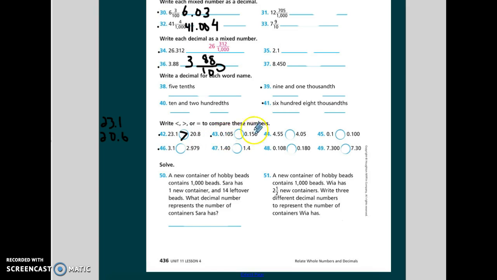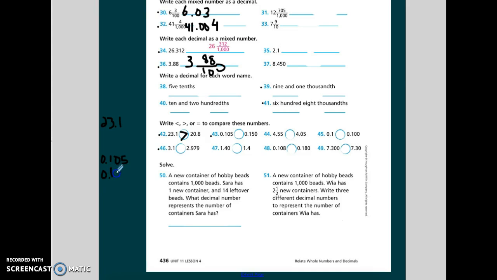All right. How about this one? This is a tricky one, and this is where it gets more tricky if you're not writing them out. So this is when it becomes really, really important to write those numbers out. So let's look at number 43 there. Let's write it out. So we have 0.105 and 0.150.